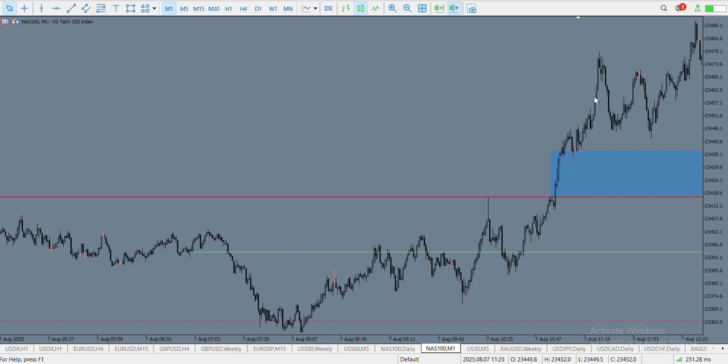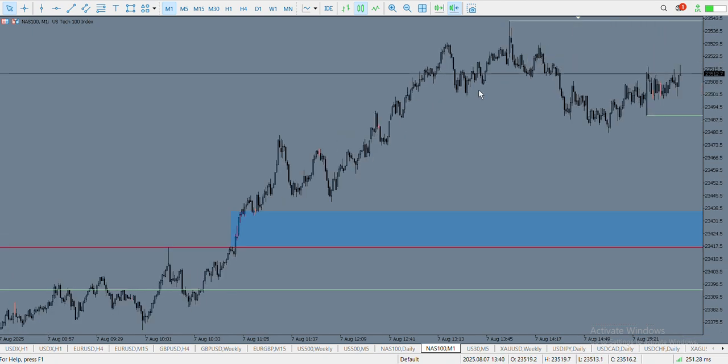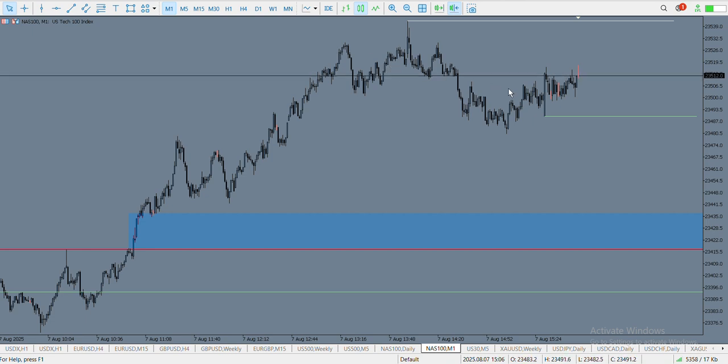So we move lower, and then we have this larger price swing here trading into 23,400, and finally trading into 23,500 right here, going into the changeover between London's open close and the New York session open.